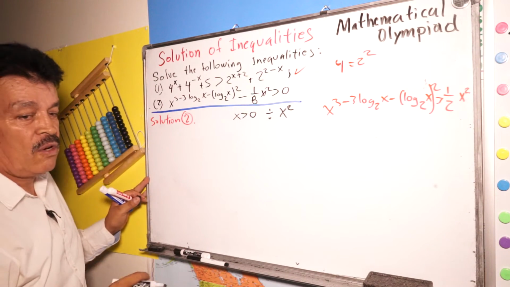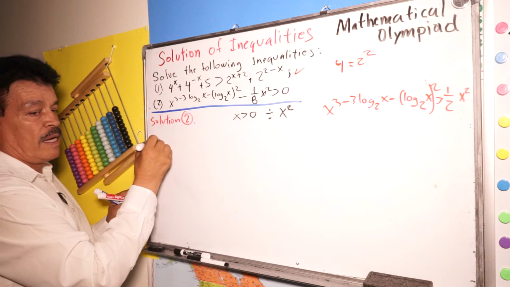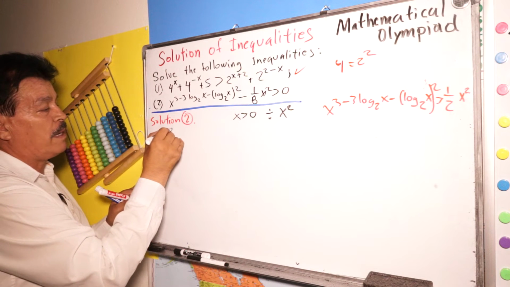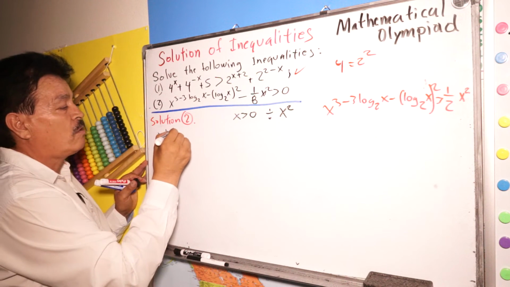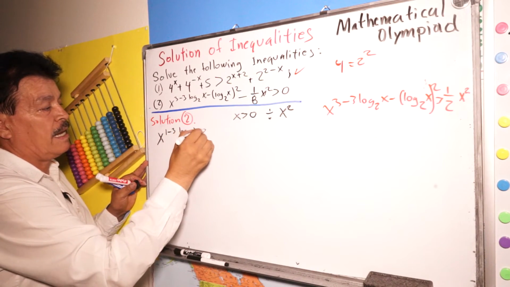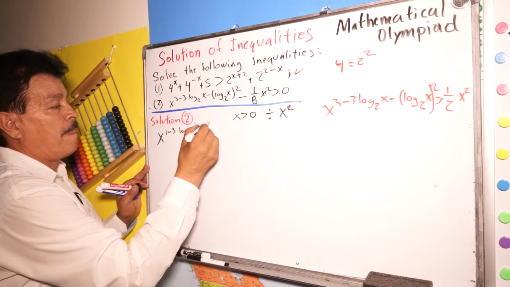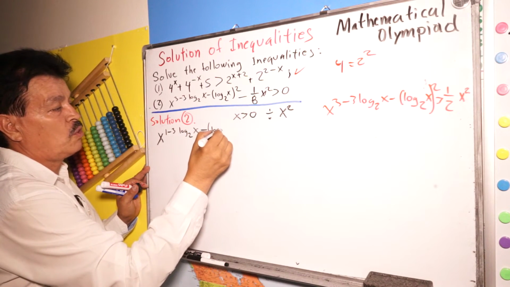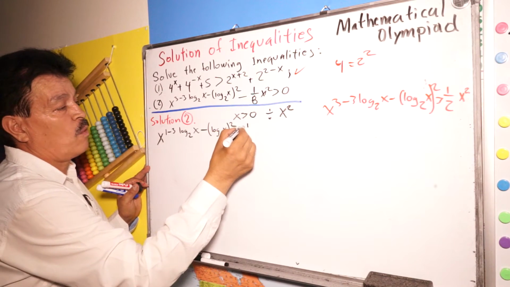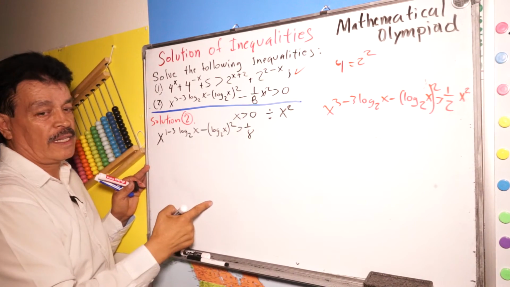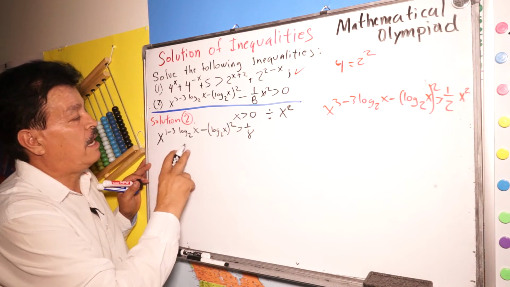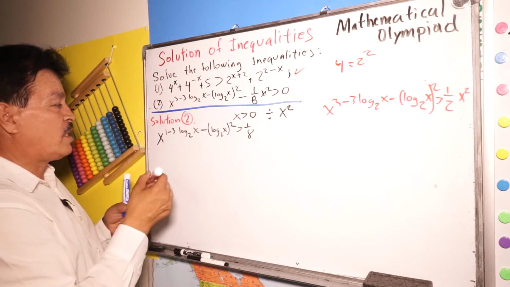Let's write x to the first power minus 3 log 2 x minus log 2 x to the second power greater than 1/8. Then take the logarithm on both sides.